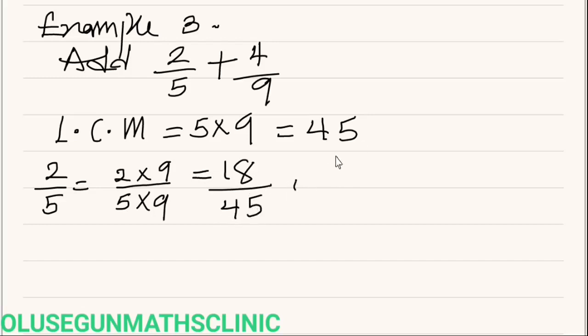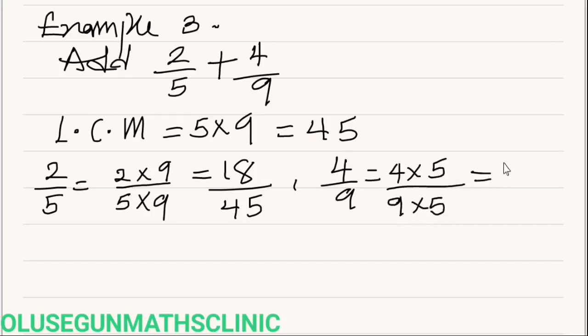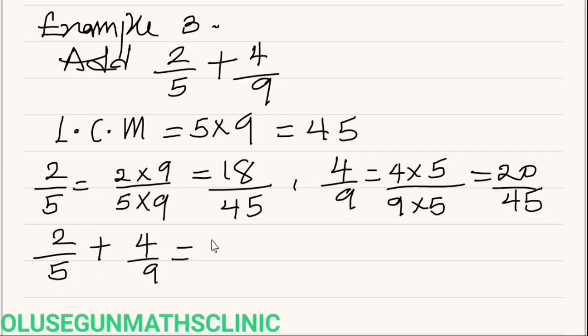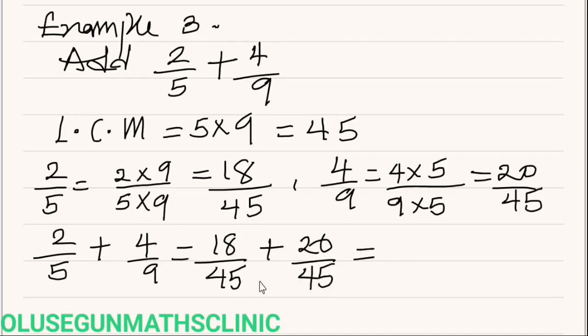At the same time, 4/9 can be 4 times 5 over 9 times 5, which will give us 20/45. So it means that 2/5 plus 4/9 can be written as 18/45 plus 20/45.